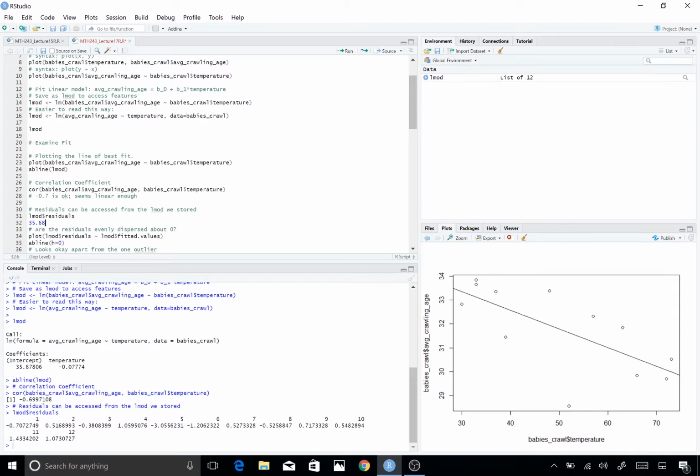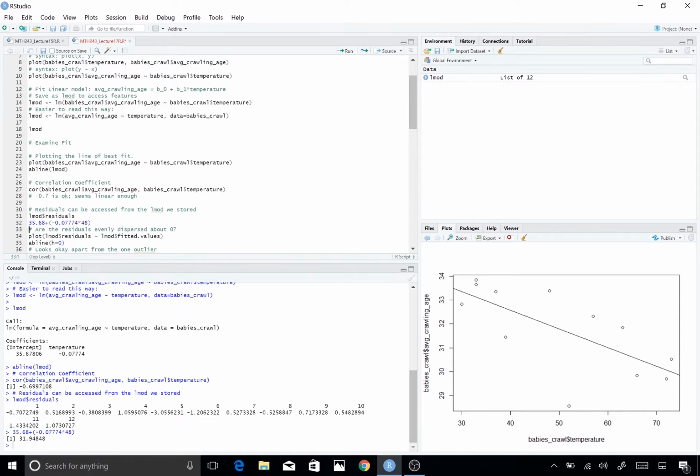35.68 plus negative 0.0774 times 48, 31.95.